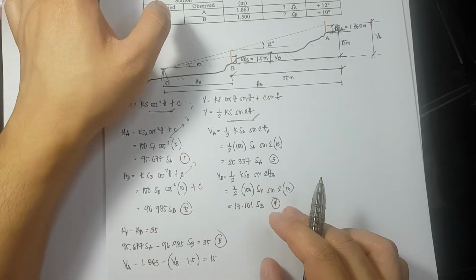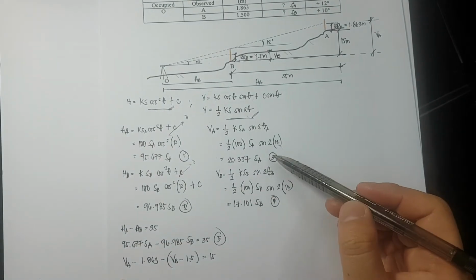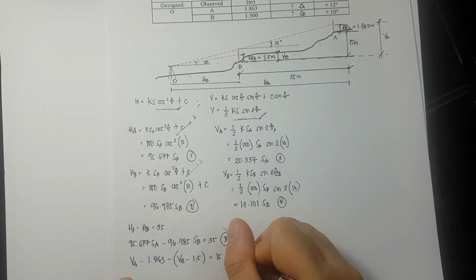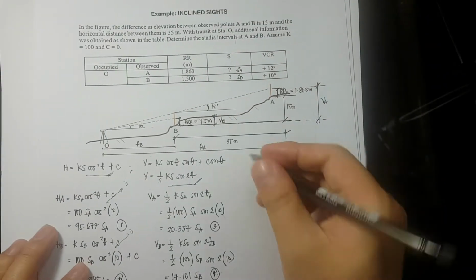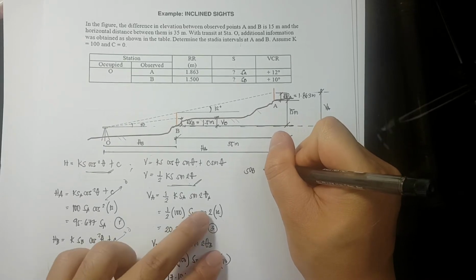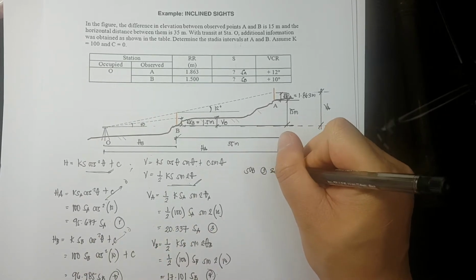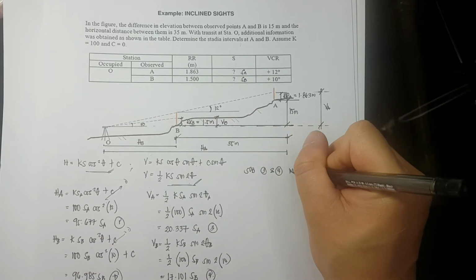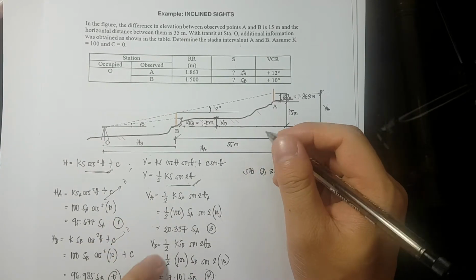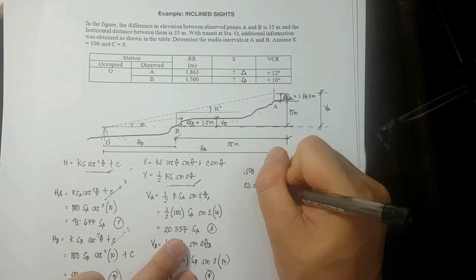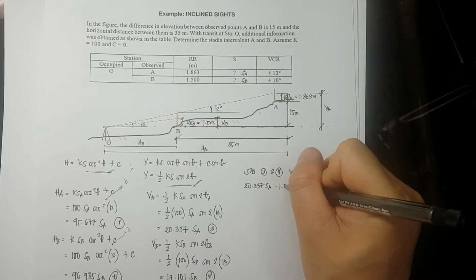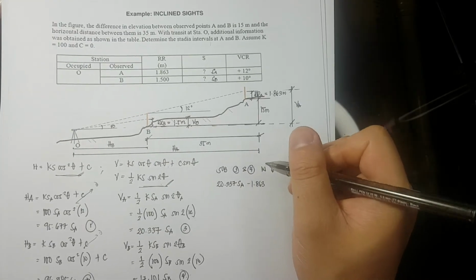So, simplifying this, I am going to substitute equation 3 and equation 4 into equation number 6. So we have VA is equivalent to 20.337 SA minus 1.863.